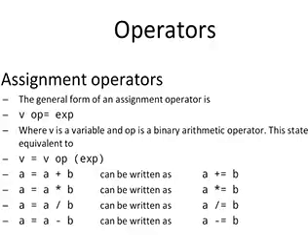The general form of an assignment operator is: V op equal to expression. V is the variable and op is a binary arithmetic operator, like plus or minus. This statement is equivalent to V equal to V op expression.